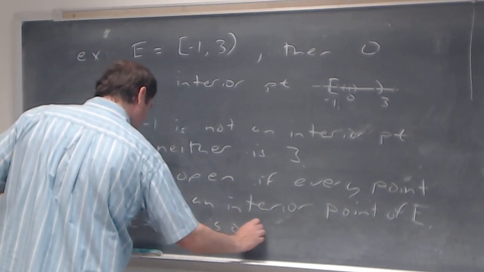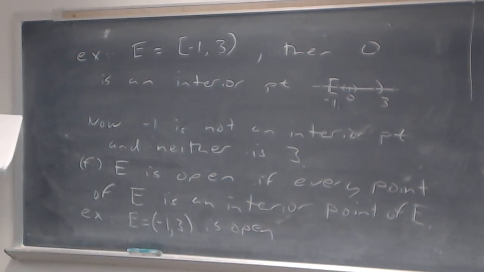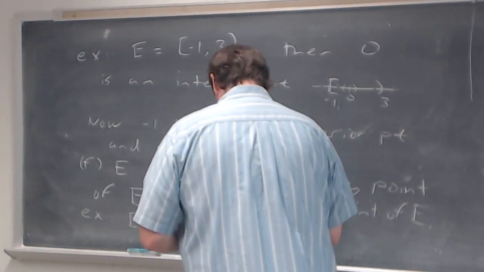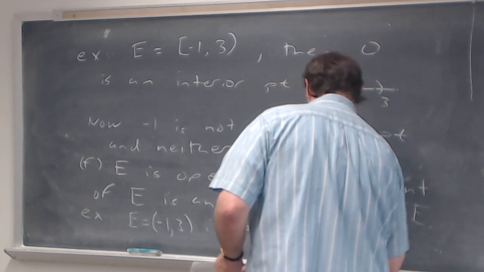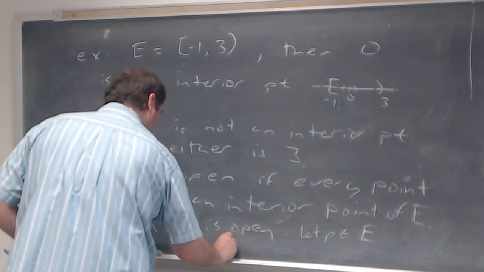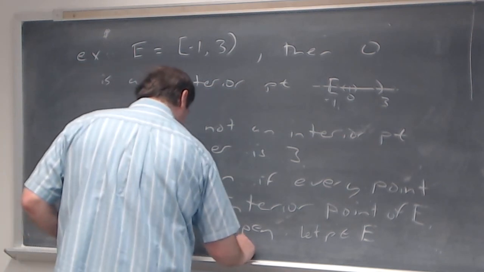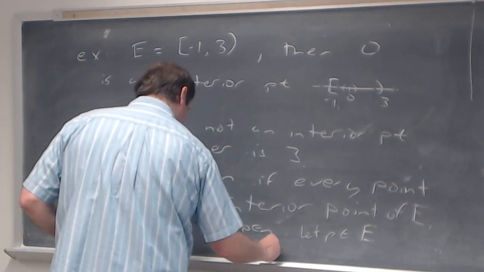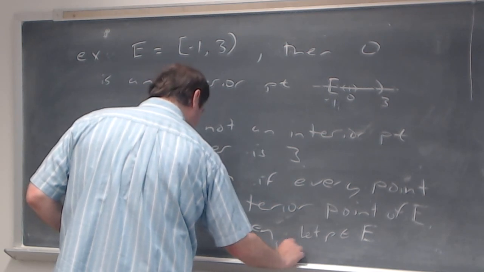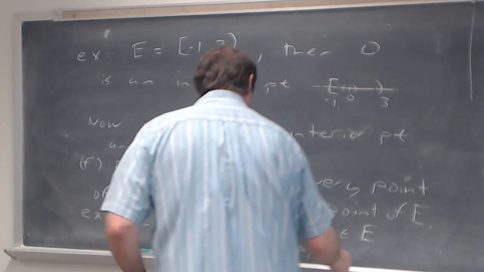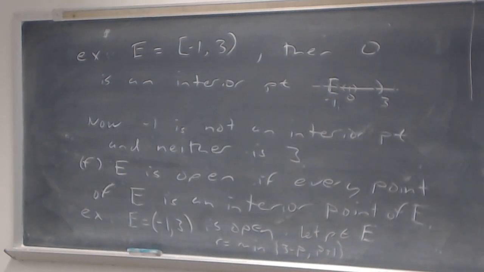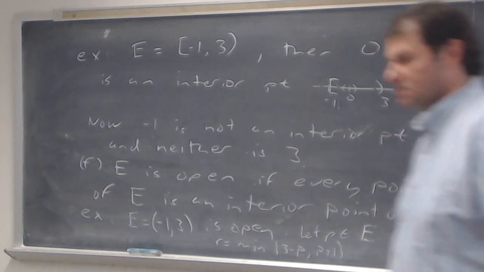And the way that you can come up with the neighborhood is that if P is an element of E, so I'll just write it down to let you think about it, then we define r, the distance that establishes what the neighborhood is. If you take the minimum between the numbers 3 minus P and P plus 1, that can be your radius. Okay, ladies and gentlemen, that's enough for this video lecture.